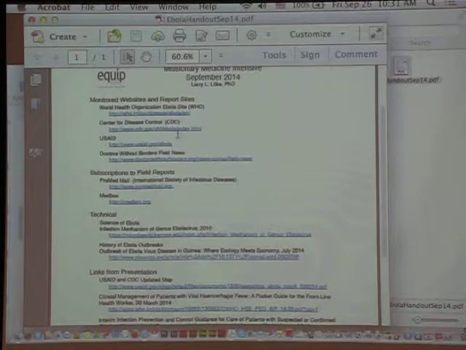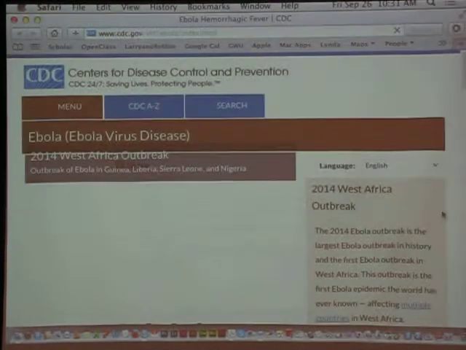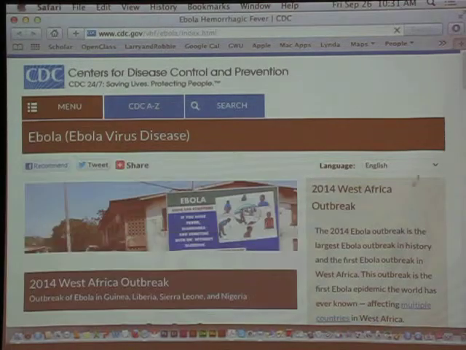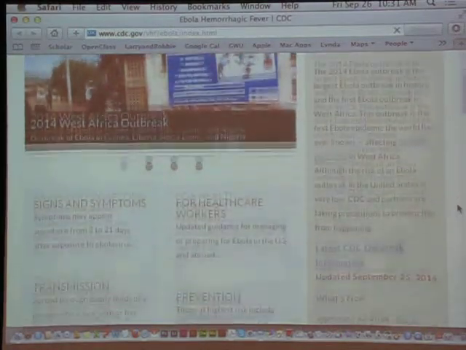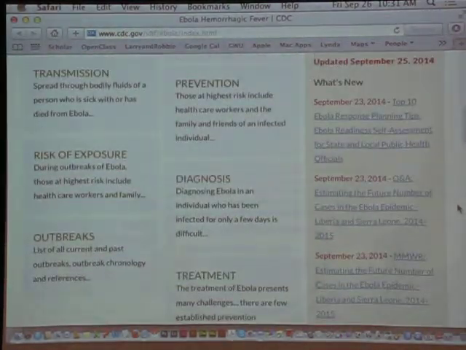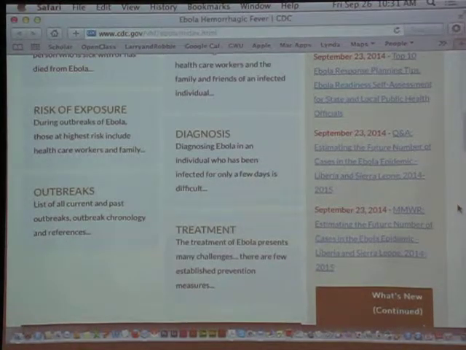The other really good one is the CDC, and this is the CDC's Ebola site. This is updated continually, and if you have medical training, you're licensed, nurse, physician, etc., CDC has a 3-day training program for people that are going to be working with Ebola.